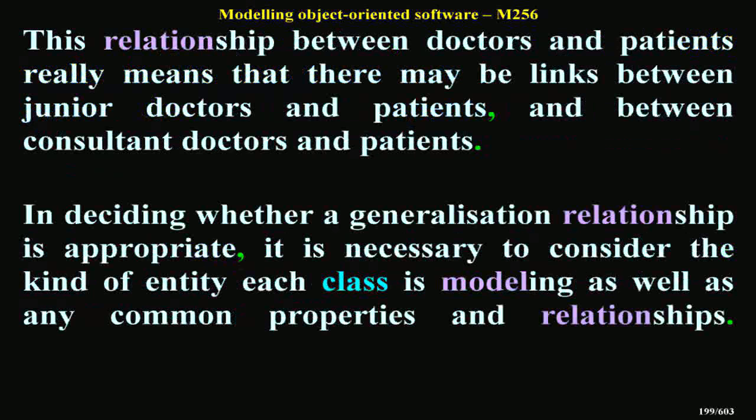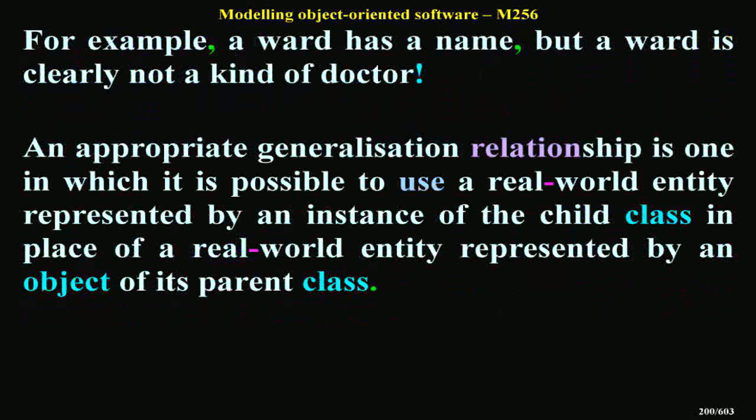This relationship between doctors and patients really means that there may be links between junior doctors and patients, and between consultant doctors and patients. In deciding whether a generalization relationship is appropriate, it is necessary to consider the kind of entity each class is modeling as well as any common properties and relationships. For example, a ward has a name, but a ward is clearly not a kind of doctor.